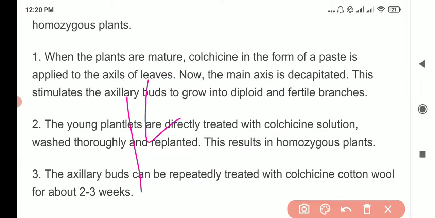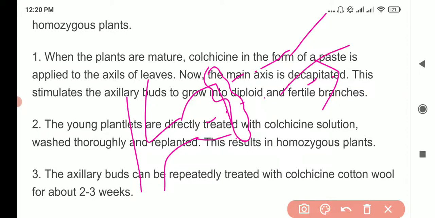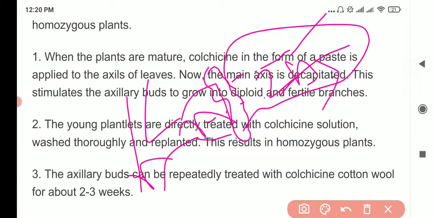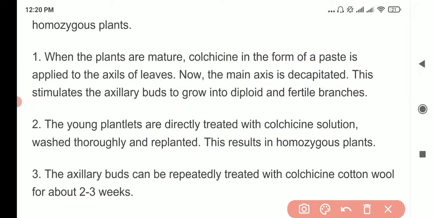Since it is a bud, it gets confused. You have applied that chemical, the colchicine. Then whether this part becomes a branch or a leaf, it will become 2n. The rest is n, but here the bud is twice n because of the colchicine.